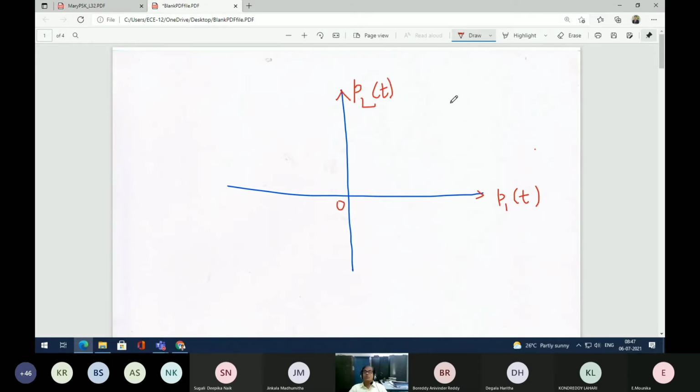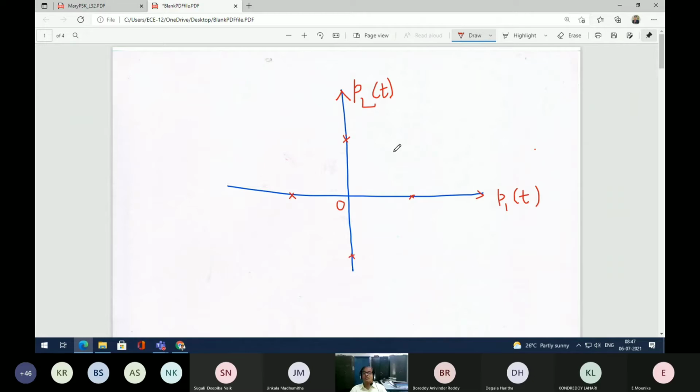Okay. Now, the signaling points will be like this, because the amplitudes are the same but the phases are different. So I can have, for example, this is one signaling point, this is another signaling point, this is another signaling point. All are at equal distance from the origin.